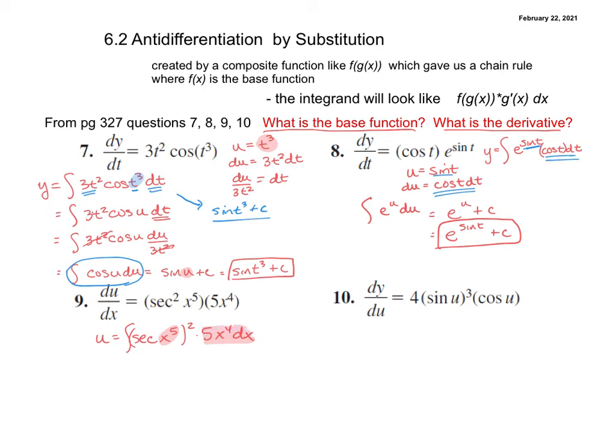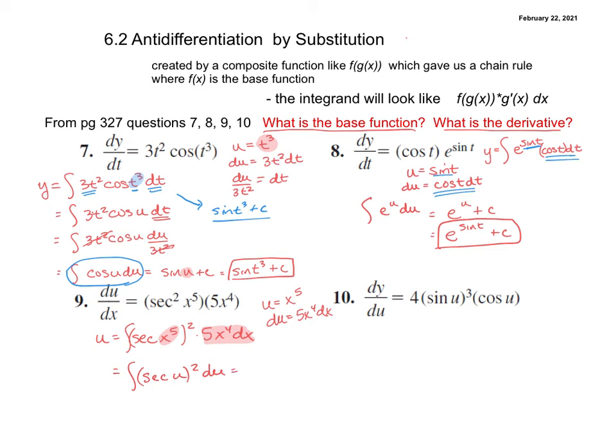Well, that's pretty easy to see that 5x to the 4th is the derivative of x to the 5th. So that means that we have basically u equals x to the 5th and du equals 5x to the 4th dx. So what I have is the integral of the secant of u quantity squared du.